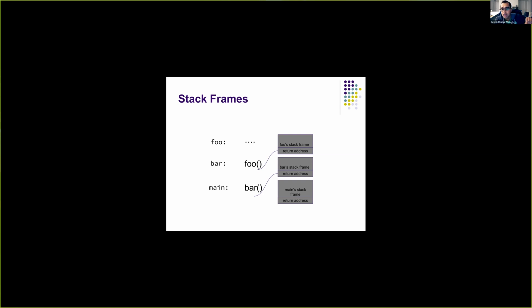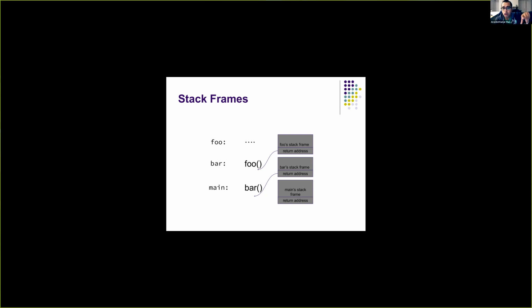That says that after bar finishes its execution, it should return to the next instruction of the bar call in main. Similarly, inside bar, we could have a call to foo, and that will also create a new stack frame.